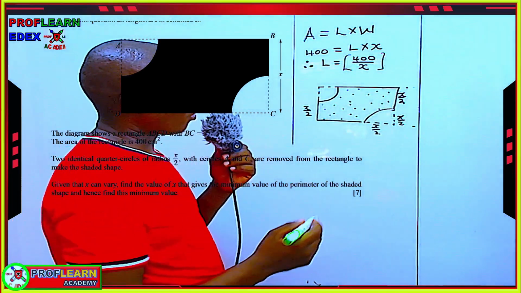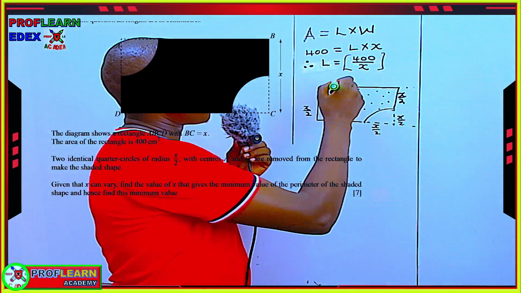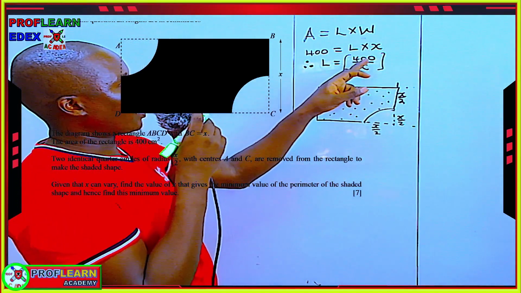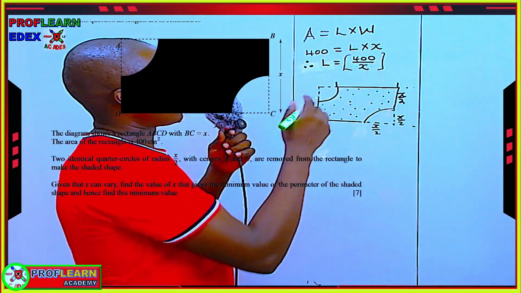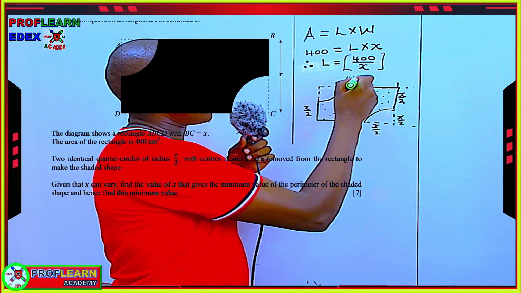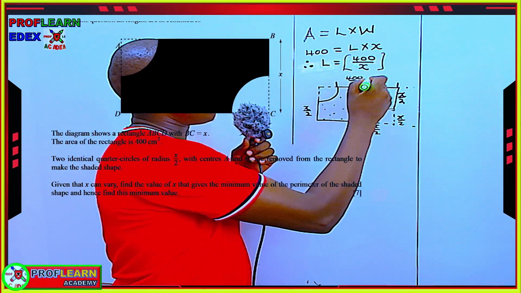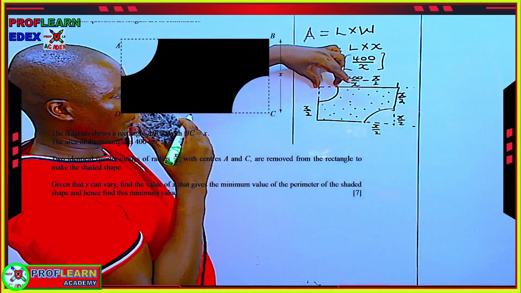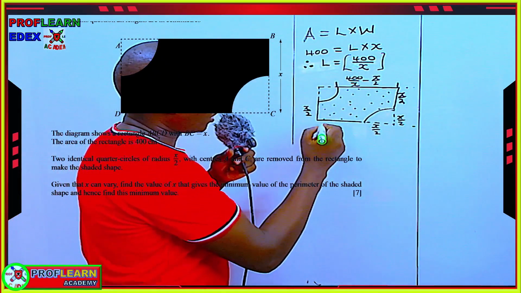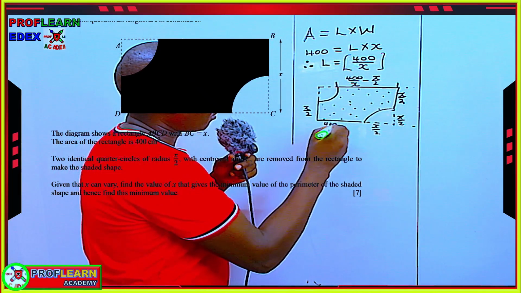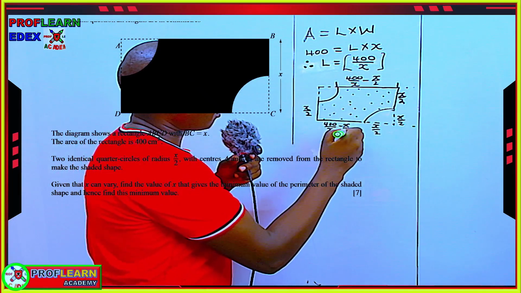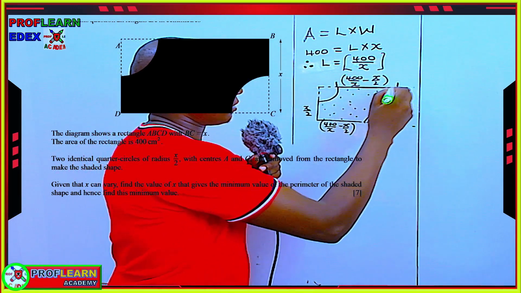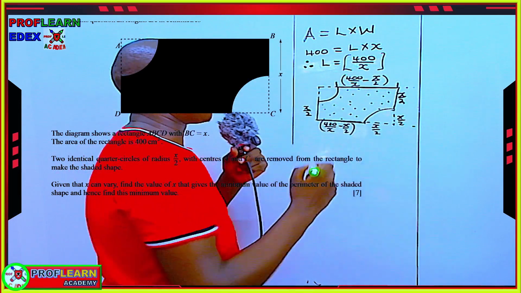So if we want to find the distance from here to here, the length is 400 over x, then it means we are going to say 400 over x minus x over 2, because there's x over 2 here and also x over 2 here. So that becomes this length here and also this length at this point.